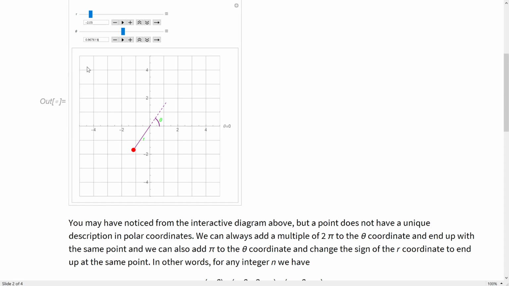It's hard to get the exact number here. So the point is, there are many different ways we can represent the same point in polar coordinates.